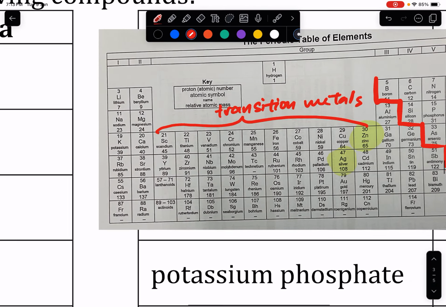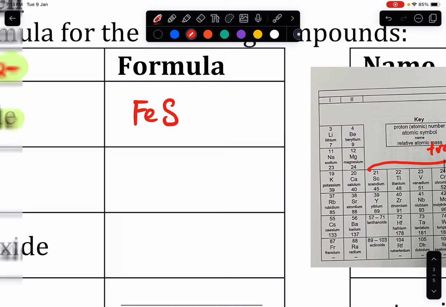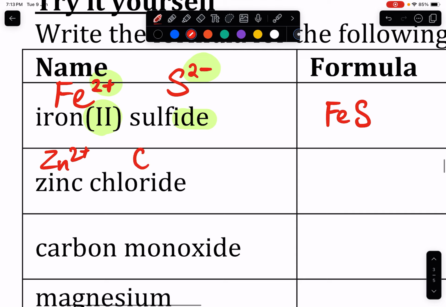And chlorine is over here in group 7. So 7 valence electrons. I need to gain 1 electron for it to obtain stable noble gas configuration, and hence chlorine would form chloride with 1 negative charge. Let's look at the charges. Are they balanced? One is 2 plus and one is 1 minus.